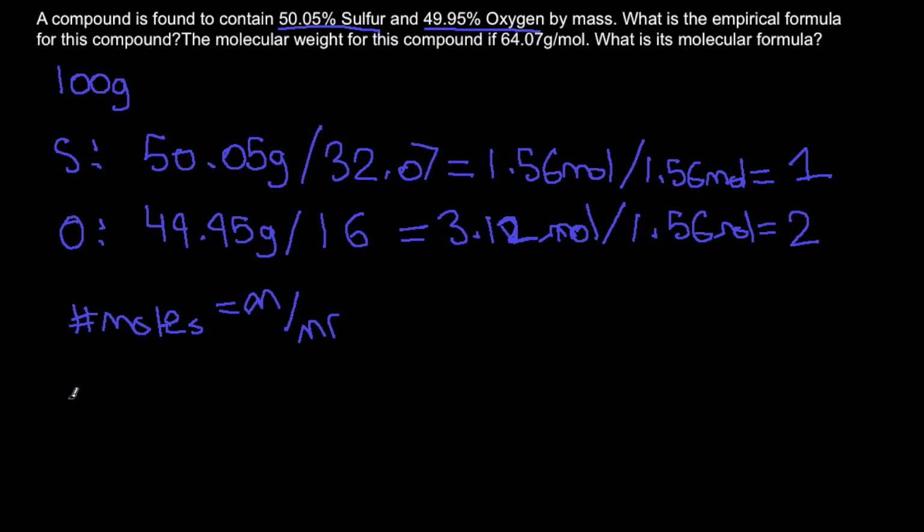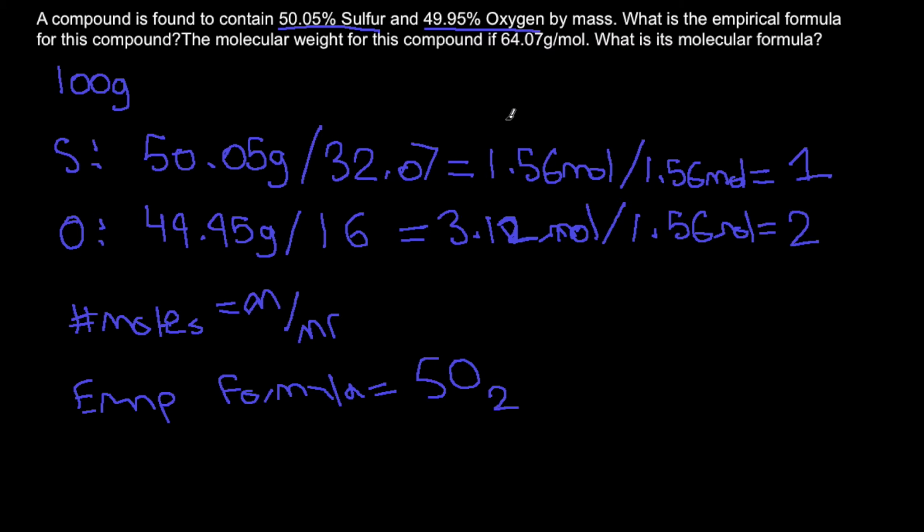And based on this, we are able to determine our empirical formula. So we know that there's one sulfur atom, so we're going to leave it like that, and 2 oxygen atoms. So right here is our empirical formula.